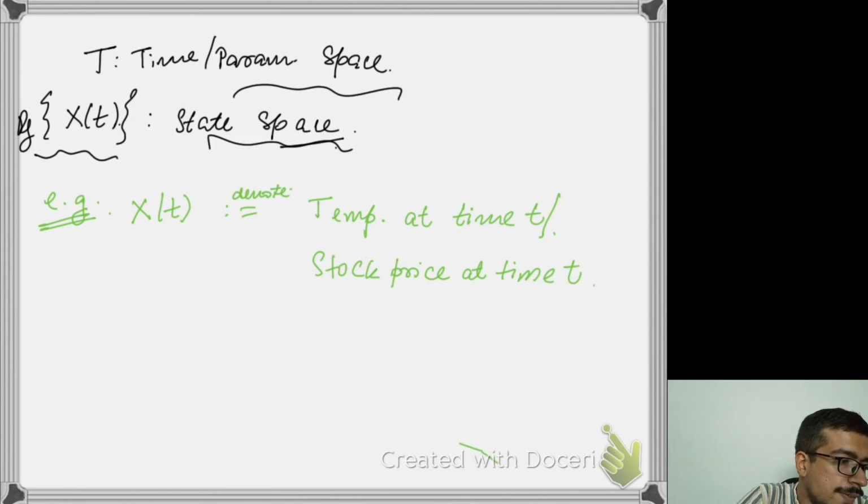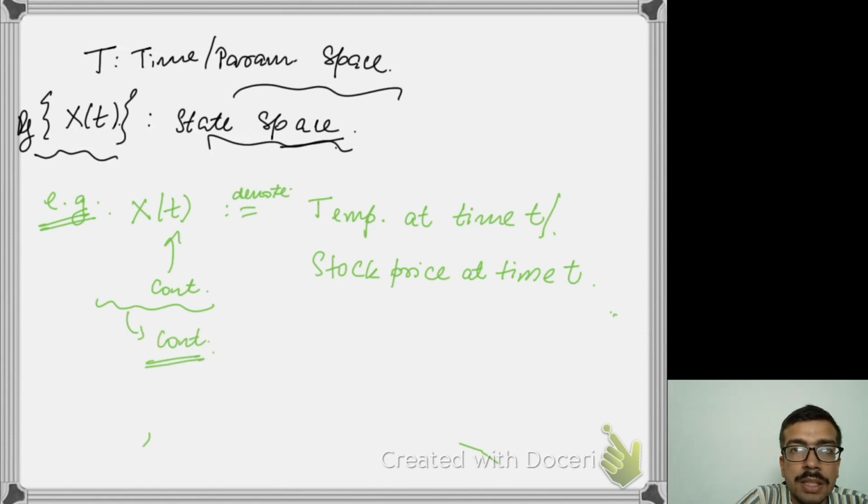Here we see that time is continuous, and the temperature or the stock price is also continuous. So this is a continuous time, continuous space stochastic process.